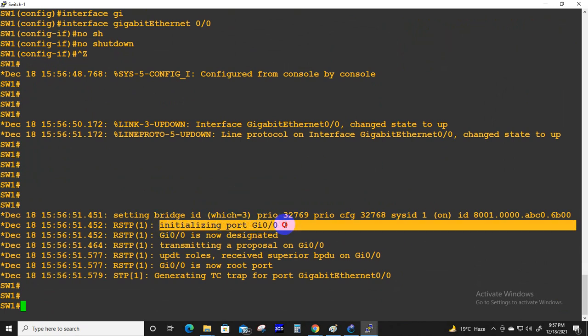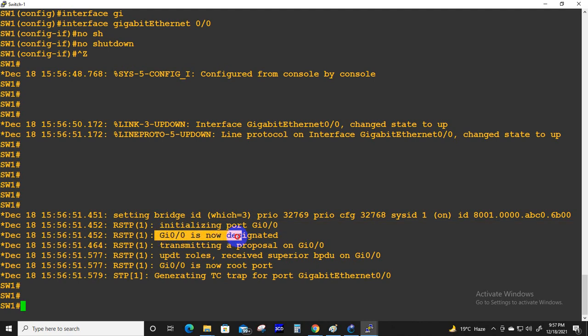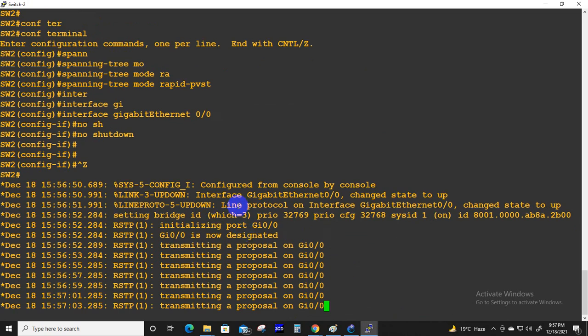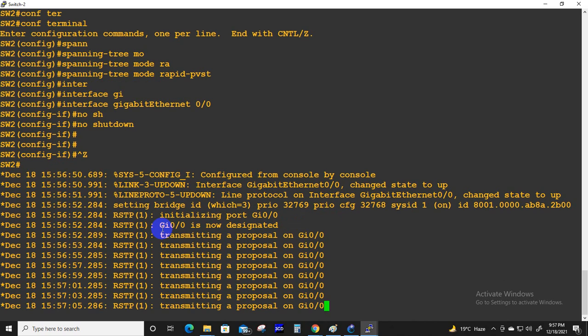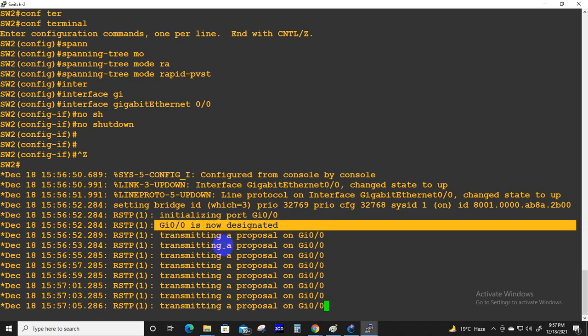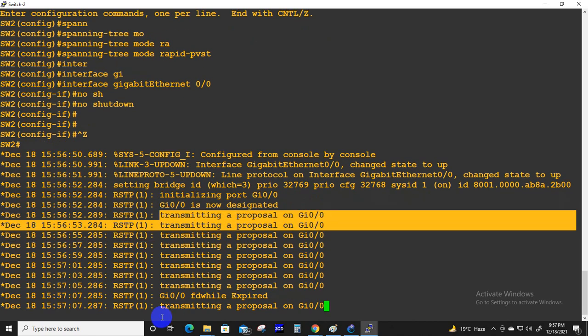Initializing G0/0, it becomes designated, transmitting proposal on G0/0, received superior BPDU on G0/0, is now root port. On the other switch, initializing G0/0, G0/0 is now designated, transmitting proposal.